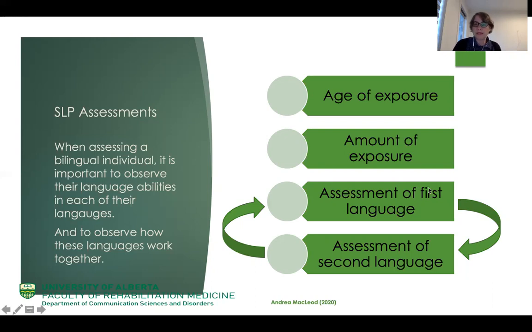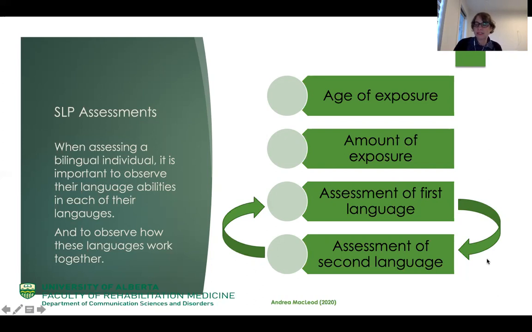We're going to want to assess their first language, so the first language the individual learned, and sometimes in the case of simultaneous bilinguals, we're just assessing one of their two languages. So it doesn't have to be the official first, it's just one of their two because they have two first languages. And then we're also going to look at their second language.